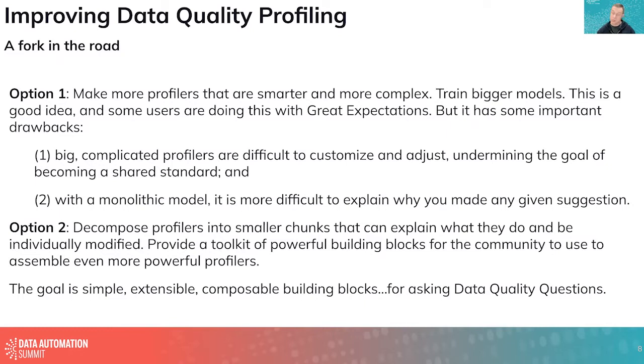You could backtrack through this complicated logic flow, but the specific decisions are buried inside the larger model. So another approach would be to decompose those profilers into smaller chunks that individually can explain very precisely what they're doing and be modified.